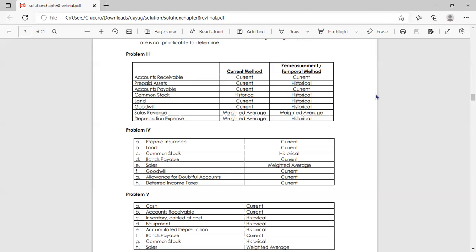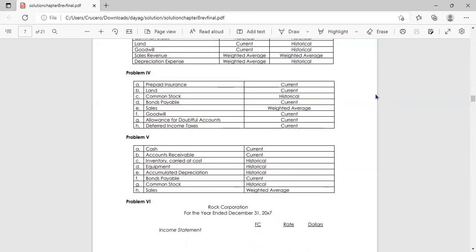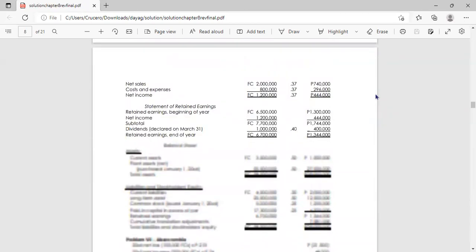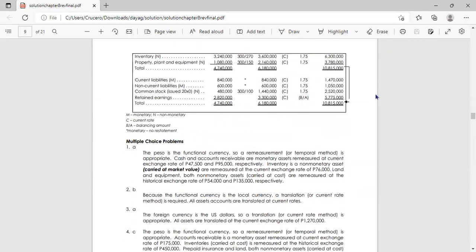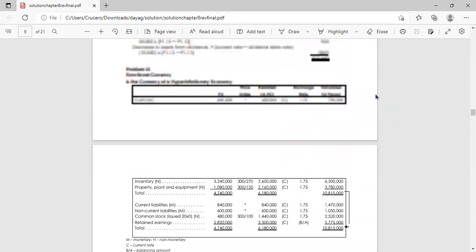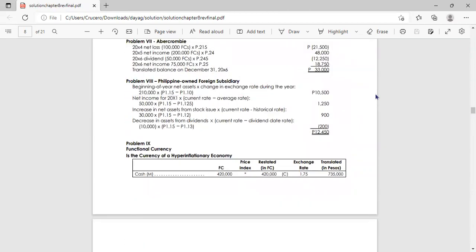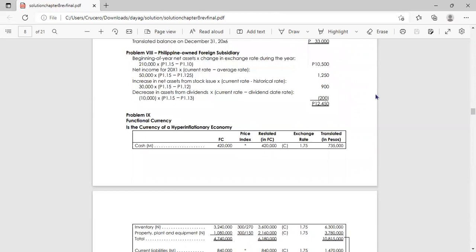So prepare the restated and then translated financial statements. So we are now in problem number 9 with the requirements. We are going to prepare the restated and translated financial statements.